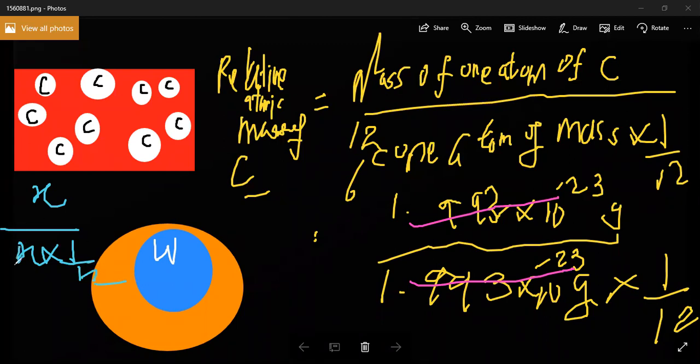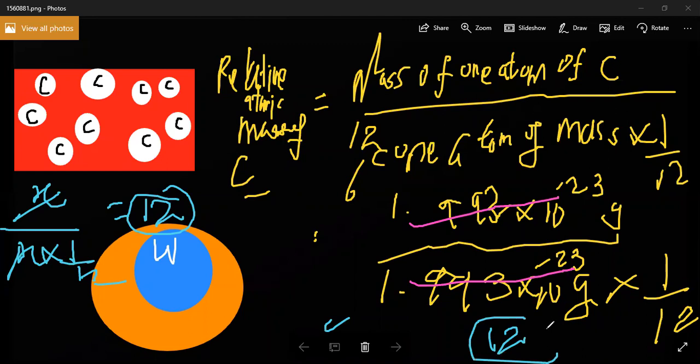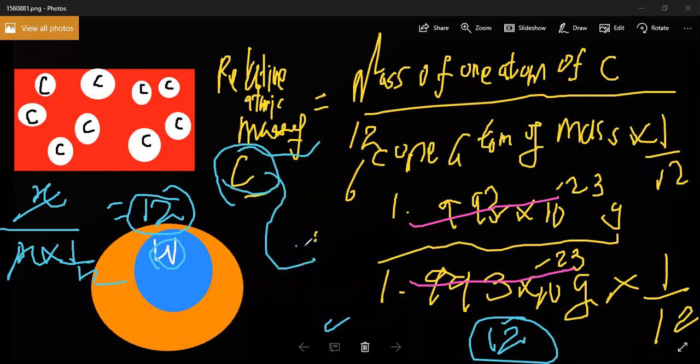What is the answer? 1 over 1 over 12, which is 12. So 12 is the relative atomic mass of carbon. You can find it for anyone.